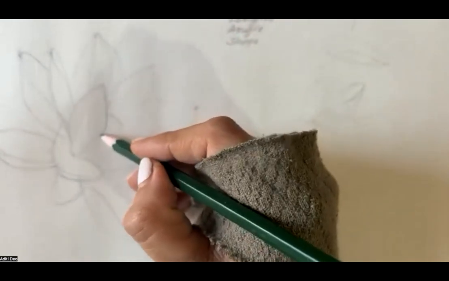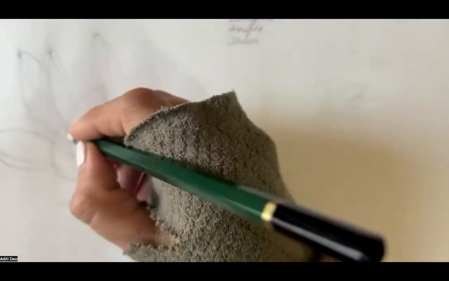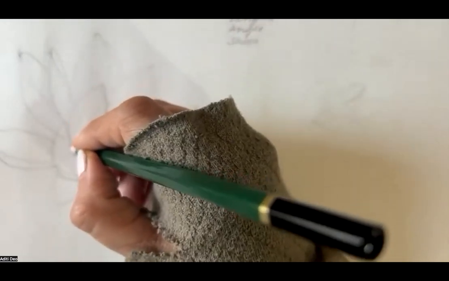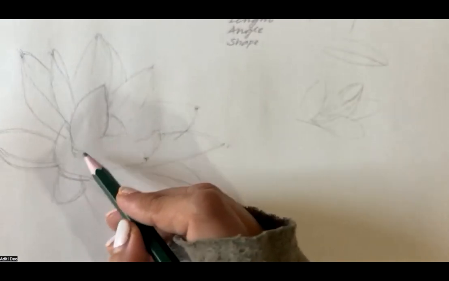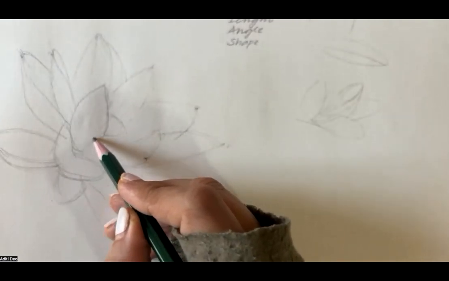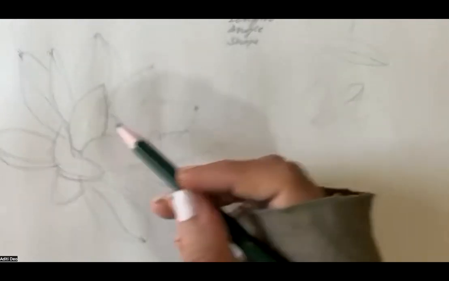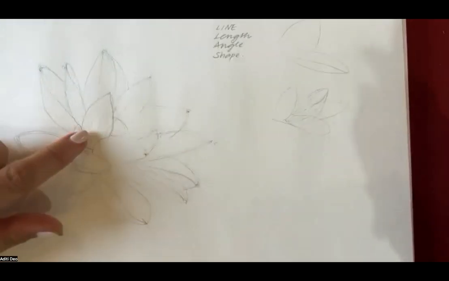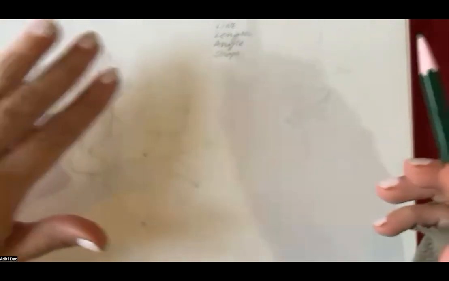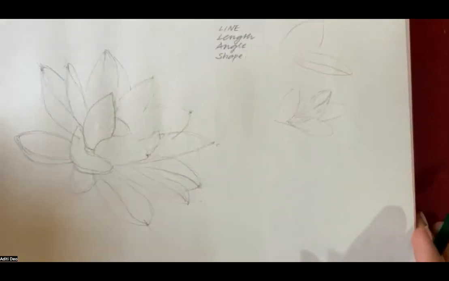And each petal will now have its own importance. So your exploration goes from first to the last petal. Based on the first petal, everything else will have to adjust itself.